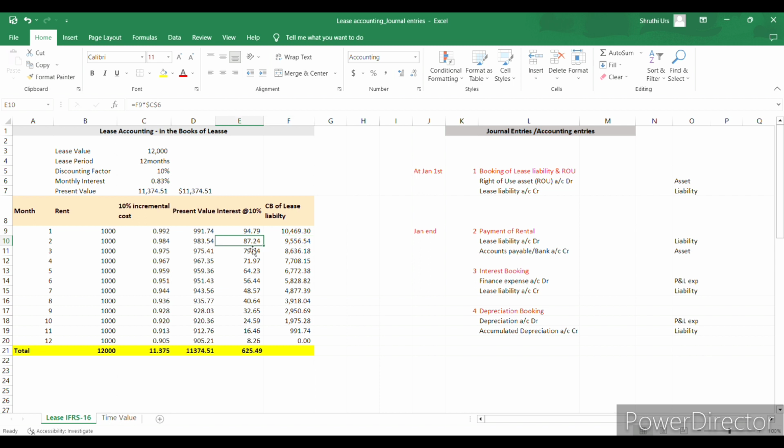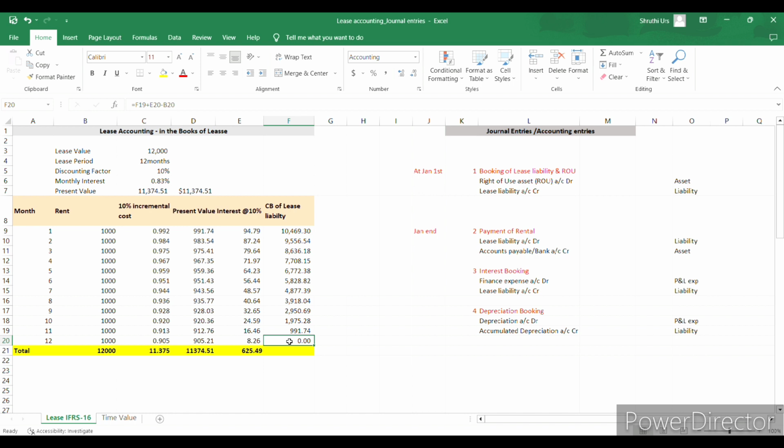When you calculate in February, the interest will be calculated based on the closing balance of lease liability of January. So here you can tell closing balance of January multiplied by interest rate. So 87.24.